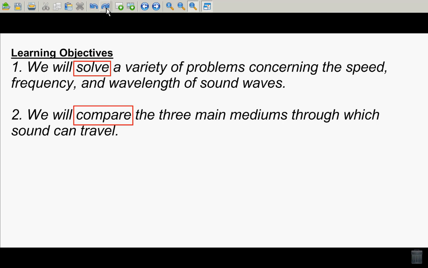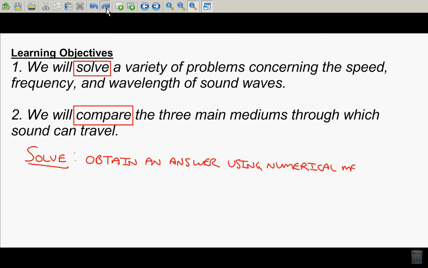So we will solve a variety of problems. What does that mean? So basically, solve is an indication that we need to obtain an answer using numerical methods. So what sort of math are we basically using in order to solve for a problem, to get a final answer? In the second objective, we're talking about comparing the three main mediums through which sound can travel.